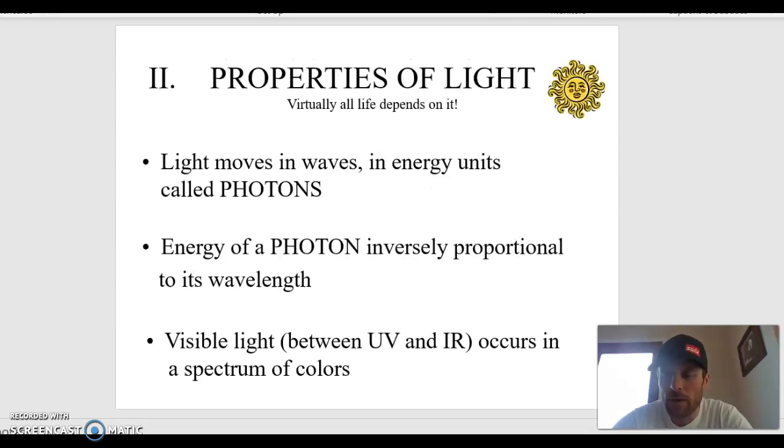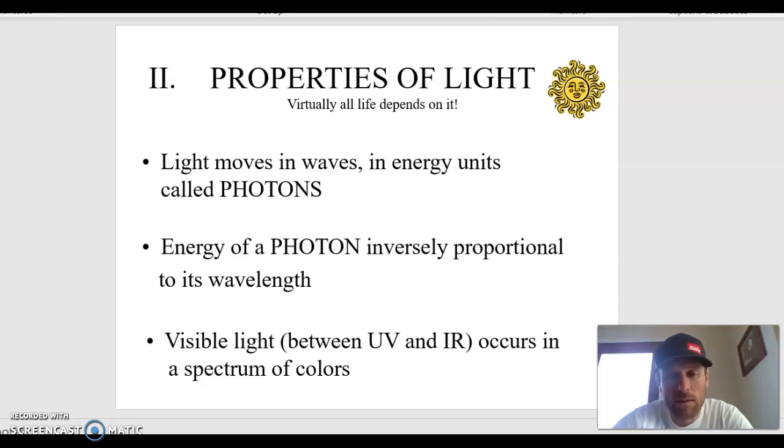A good place to start with photosynthesis is understanding a little bit about light and how it works. So light moves in waves, and also carries energy packets called photons. Light has a dual nature to it. It can be described as a particle or it can be described as a wave. And we'll need to use both descriptions to understand photosynthesis because the wavelength of these waves dictates what the leaf can absorb.